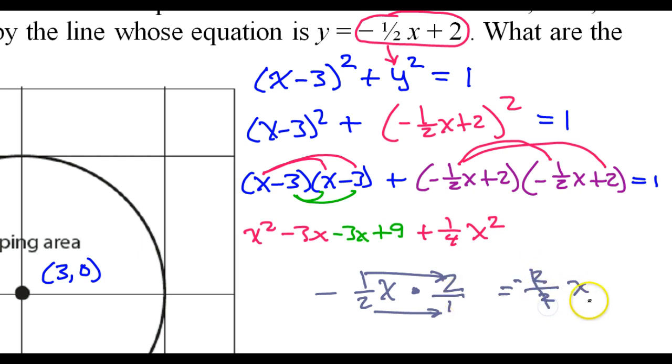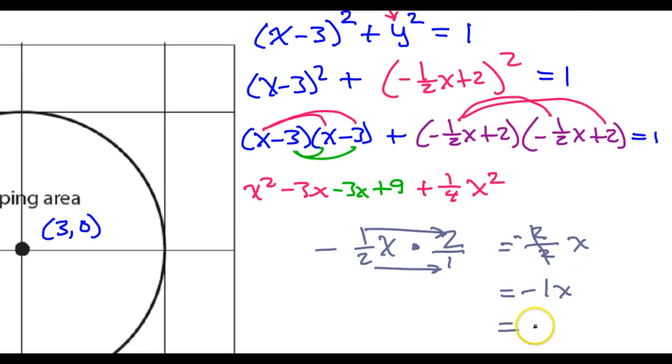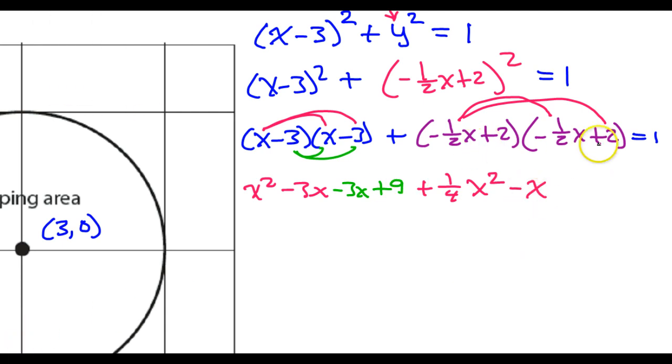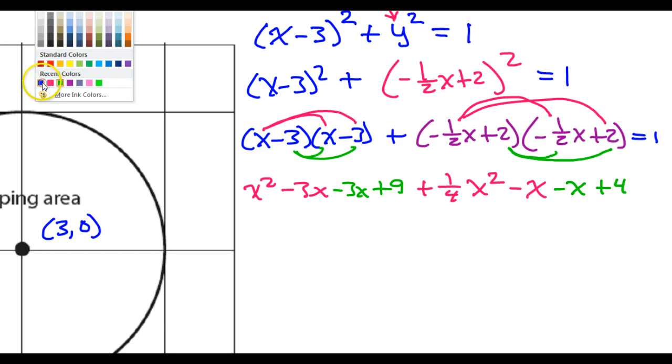But 2 divided by 2 is 1, so it's like negative 1x, but we don't really need the 1, so we're just going to put negative x. And again, when we distribute, the 2 times negative 1/2 will again be negative x. And then 2 times 2 is 4. And then we have the equals 1.